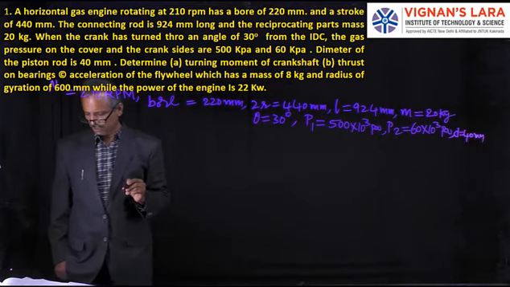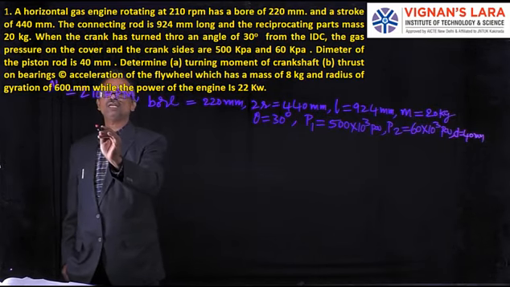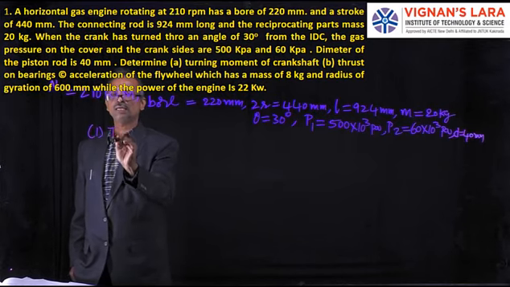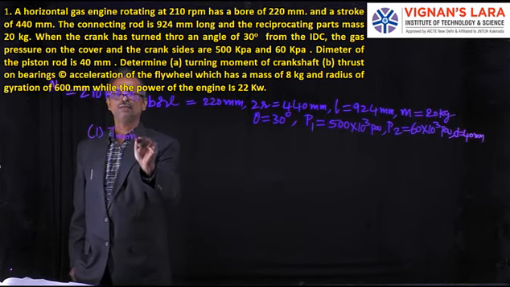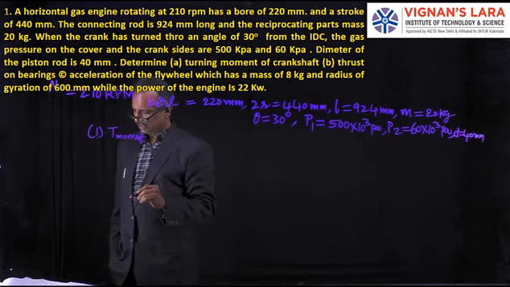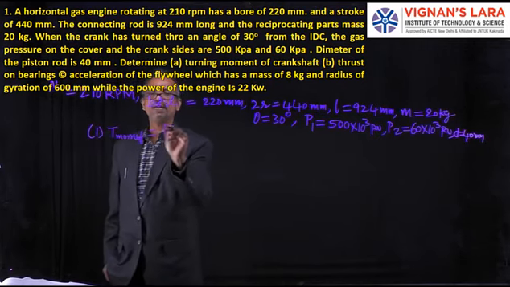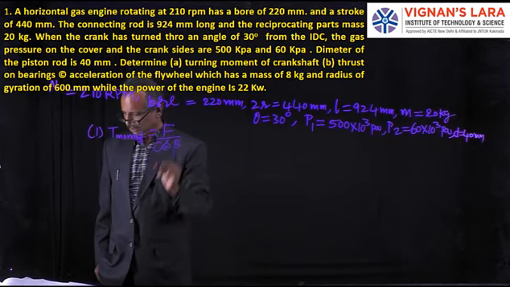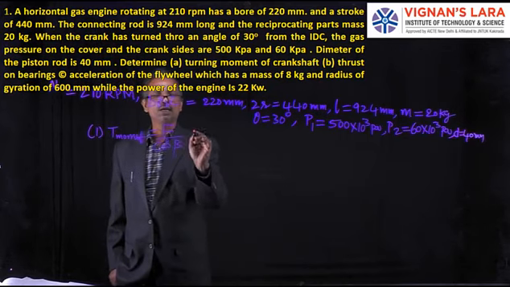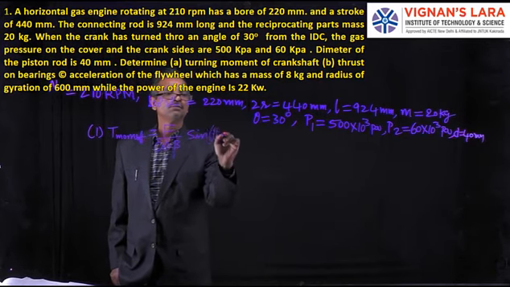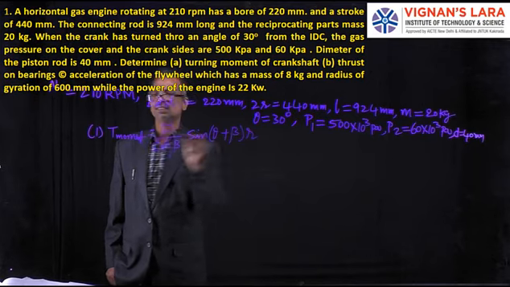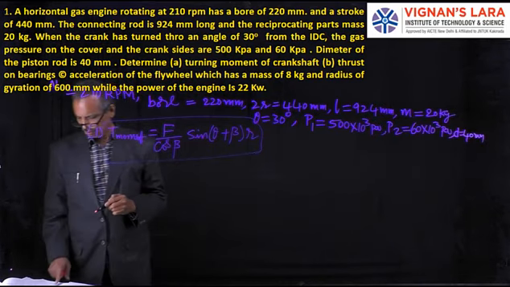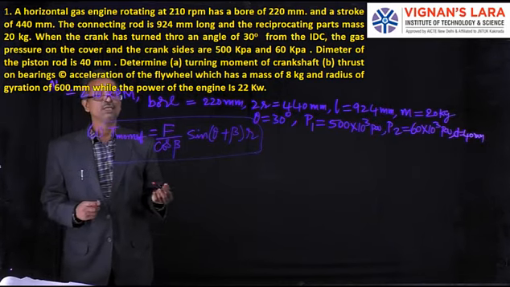So what is the equation for turning moment on the crankshaft? We know that turning moment T is equal to F by cos beta into sin of theta plus beta, into R. This is the equation for turning moment which you have already derived in the last class.